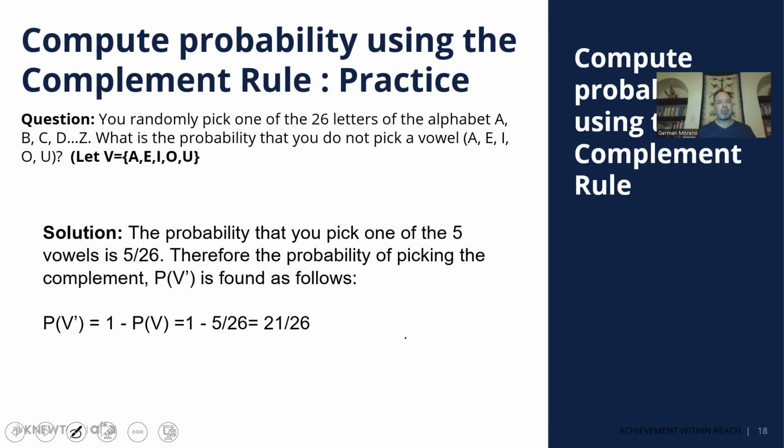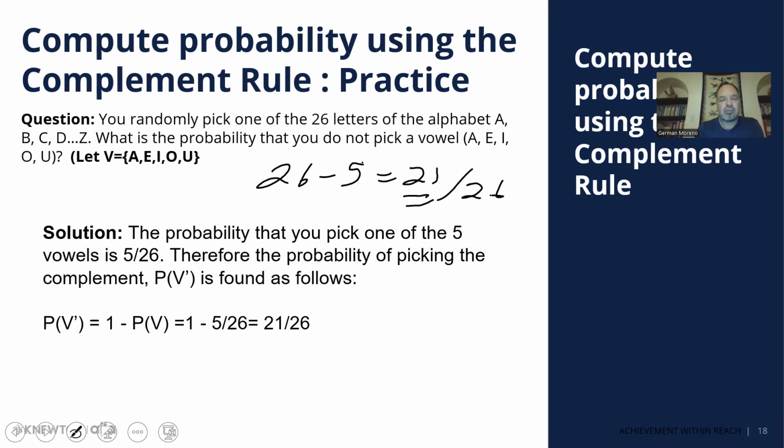You randomly pick one of the 26 letters of the alphabet. What's the probability that you do not pick a vowel? Rather than count how many things are not vowels, which wouldn't be that hard because we know there's 5 vowels, so we know that this is actually just 21 out of 26, right?